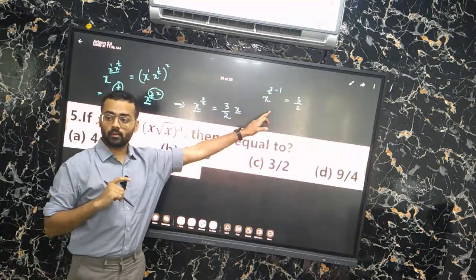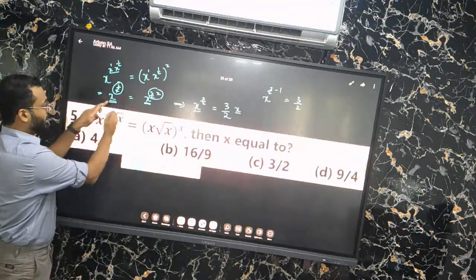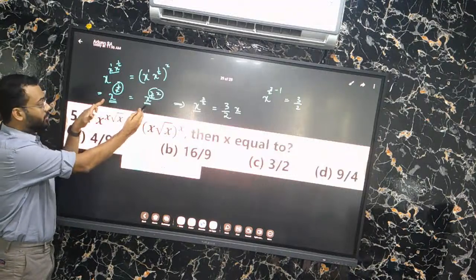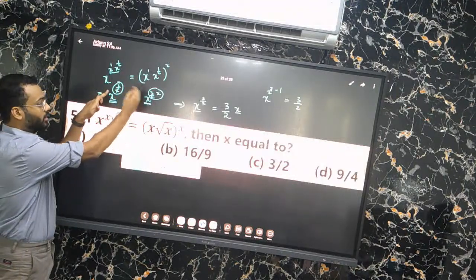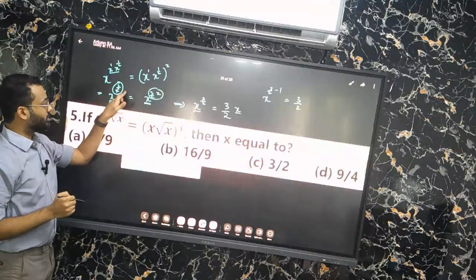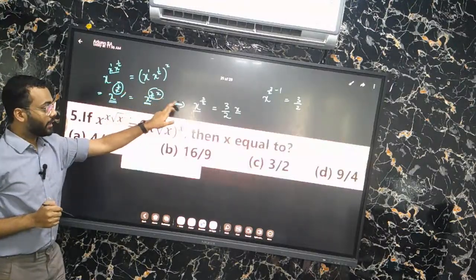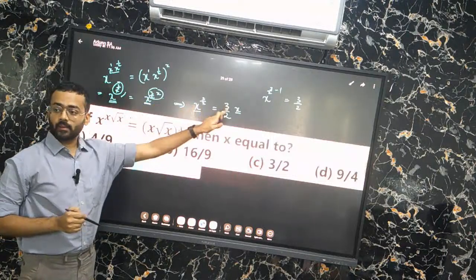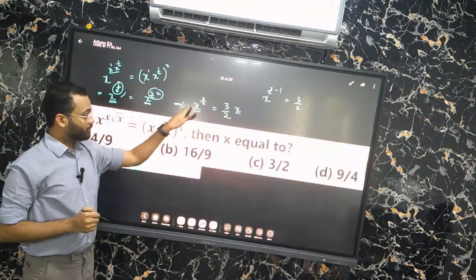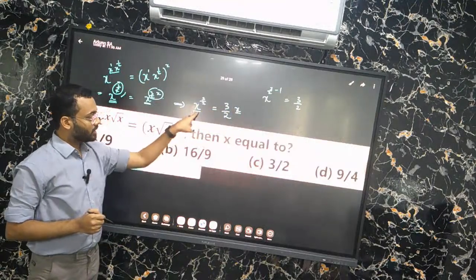Over here I have x and x, the same base. When there is the same base, I can directly compare the powers. So I have x power 3 by 2 here, and here the power is 3 by 2 x. So I am directly comparing the powers. So here x power 3 by 2 equal to 3 by 2x. One x is visible here, one x is visible here, right?